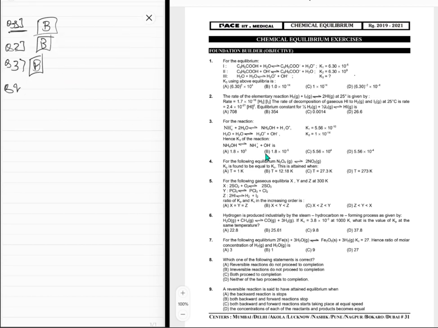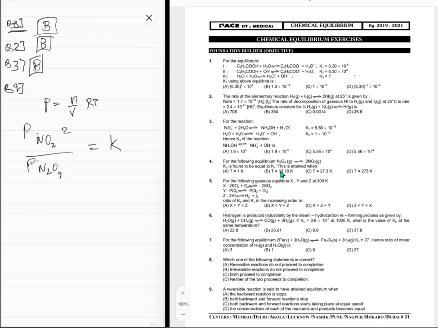Question number 4. For the following equilibrium, Kp is found to be... So Kp is just the pressure reaction quotient, and Kc is the concentration reaction quotient, and for ideal gases you have P equal to n by V times RT. So for this reaction, our Kp will be the pressure of NO2 squared upon the pressure of N2O4, right?